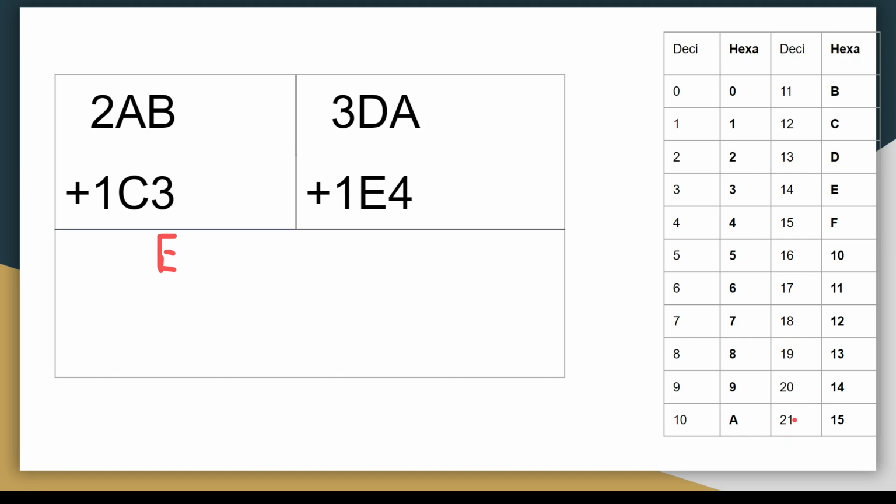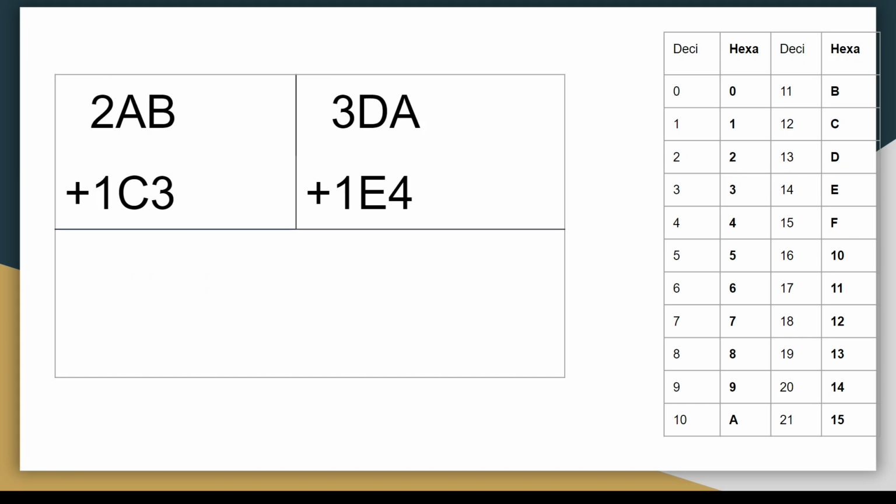Over here, this is 21, which is equal to 15. So we can safely assume that 22 would be 16. So we put a 6 here and a 1 here. Now 1 plus 2 plus 1 is normal. That's just a 4. And over here we write 16. So 2ab plus 1c3 is 46e hexadecimal.